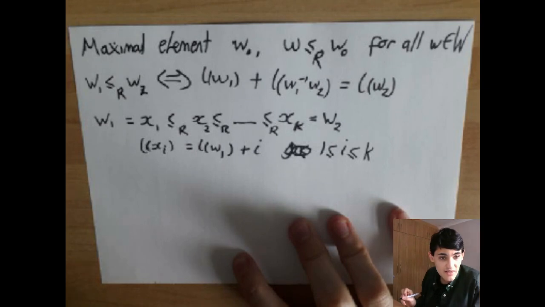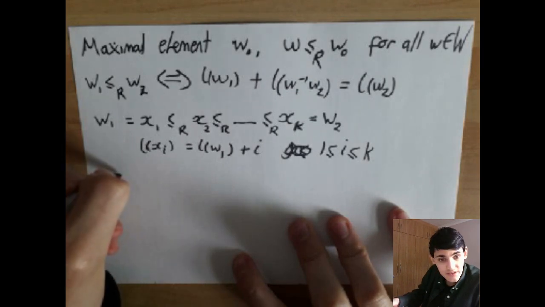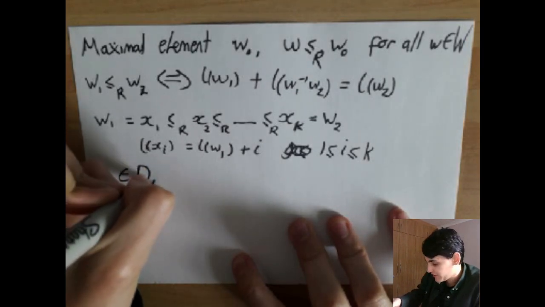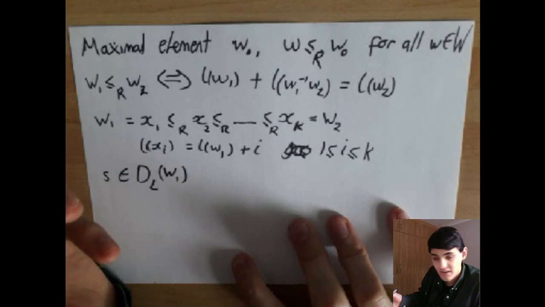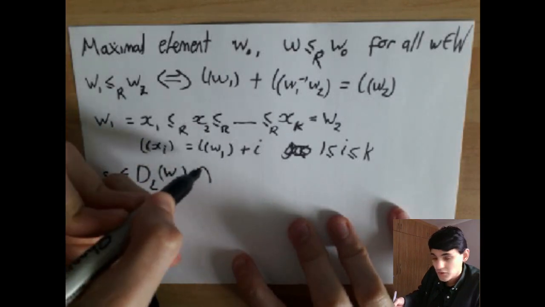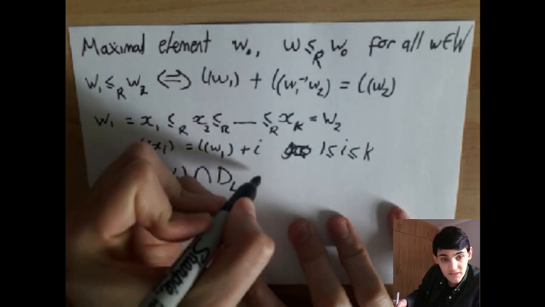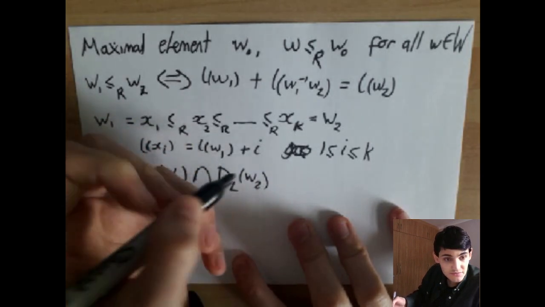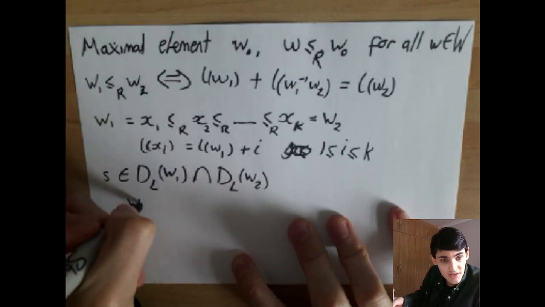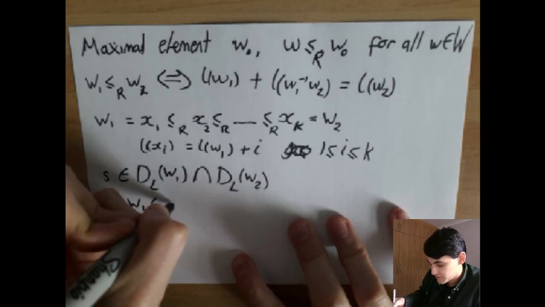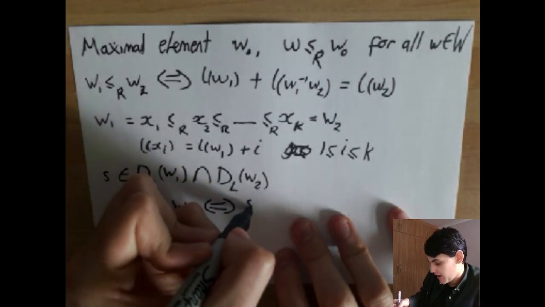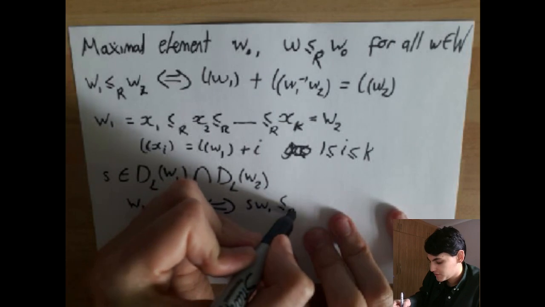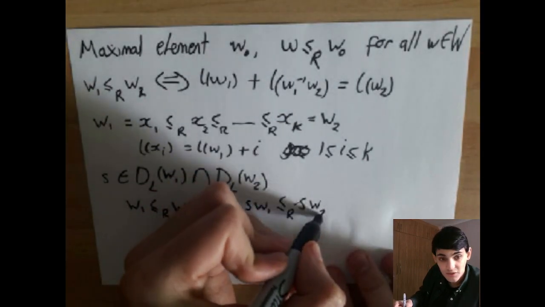And then finally, if you have some element S, a generator in the descent set for W1 intersected with the descent set for W2, then W1 is less than or equal to W2 if and only if SW1 is less than or equal to SW2.